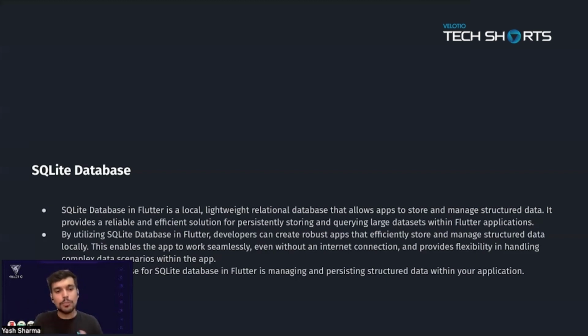Now in a messaging app, the user can send messages, retrieve messages, and can chat with other people. Now, if we have SQL-like database in the app, we can ensure that the user will have access to all the messages in the past without even being connected to the internet.